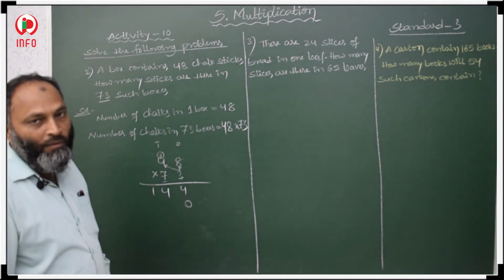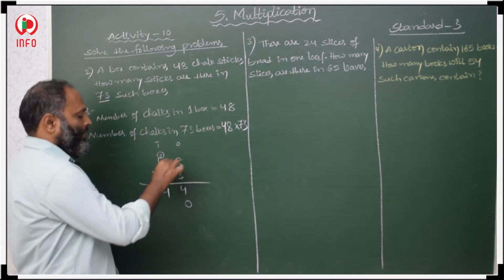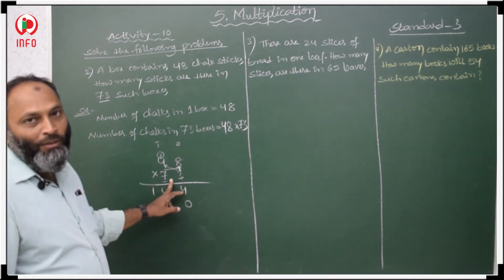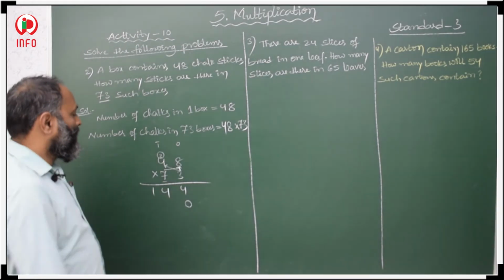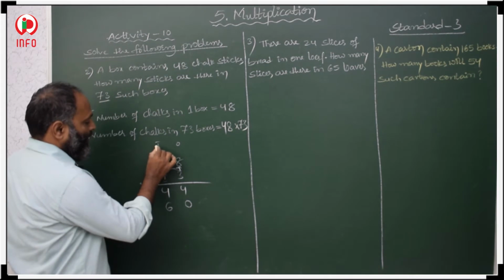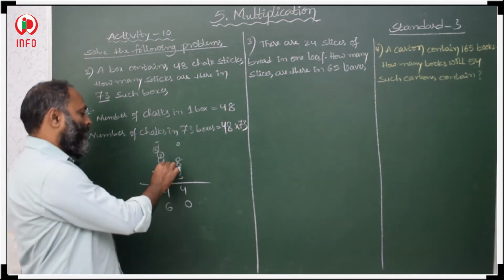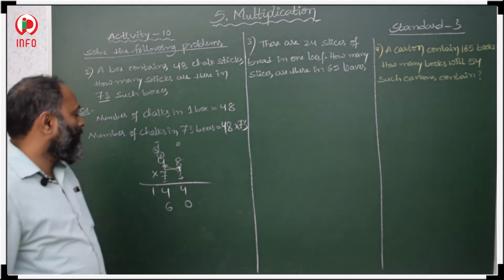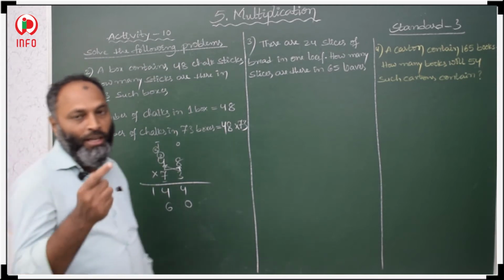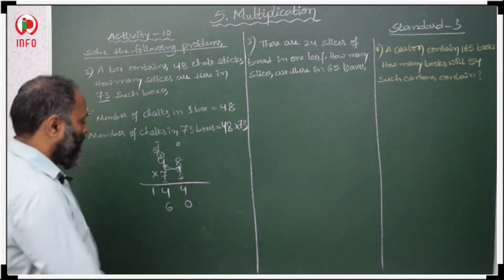Then we start the multiplication with 4. 4 7s are 28, 4 7s are 56. 56 means 6 here in the tens place and 5 carry over. After that 7 with 4, 7 4s are 28, 28 plus 5, 29, 30, 31, 32, 33.